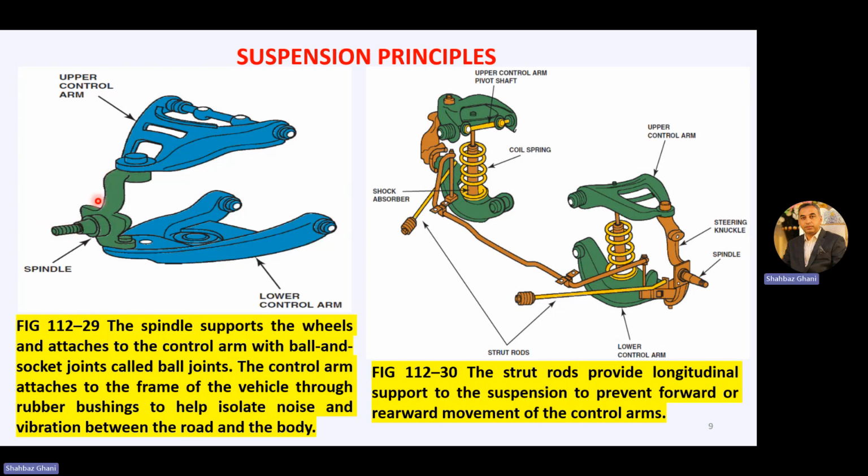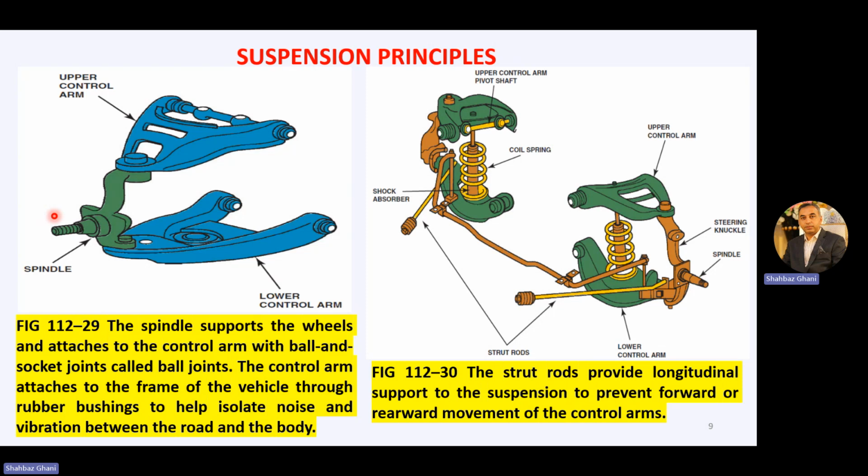And this is the ball joint arrangement here, and this is the upper control arm and this is the lower control arm. So the spindle supports the wheel.